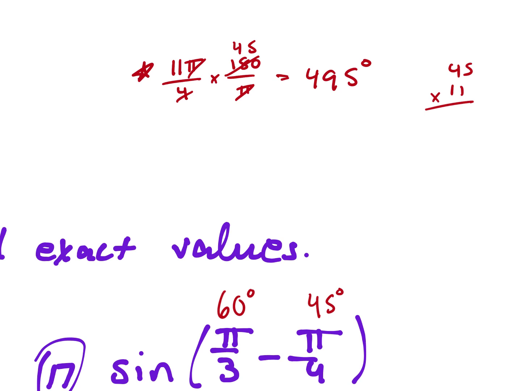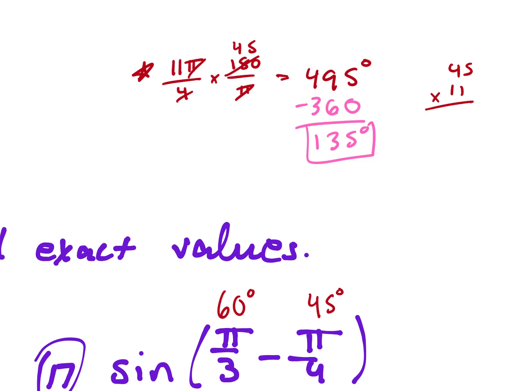The reason this one's different is because 11 pi over 4 isn't on the unit circle, and 495 degrees also isn't. So what do we need to do if we have something more than 360? Subtract 360 from it. So then this would be 135, which we can find on our unit circle.